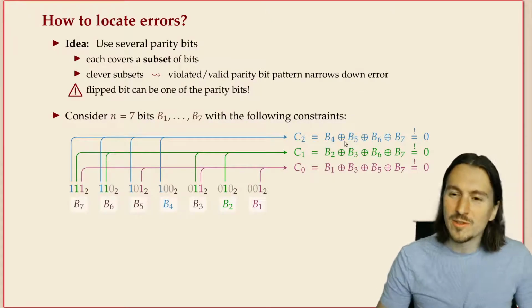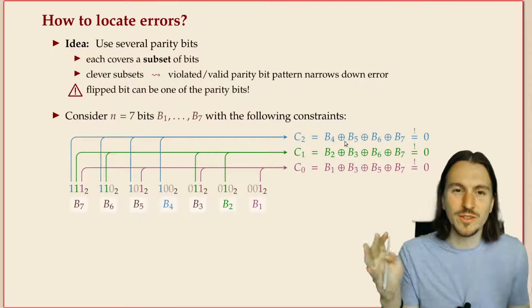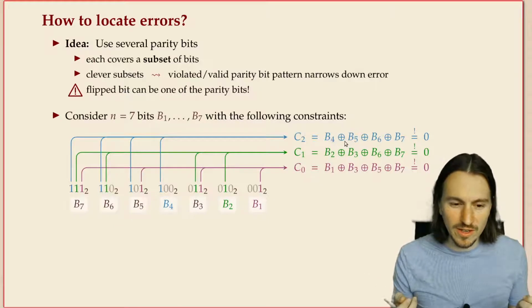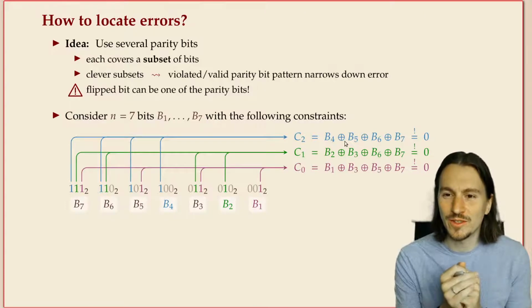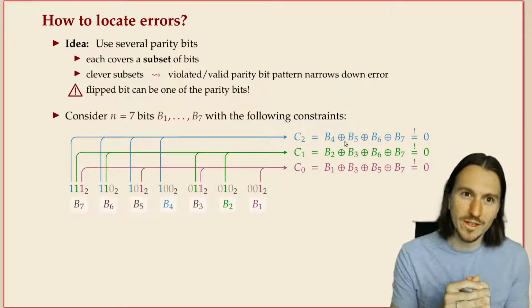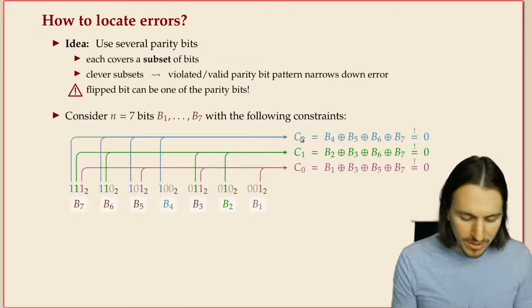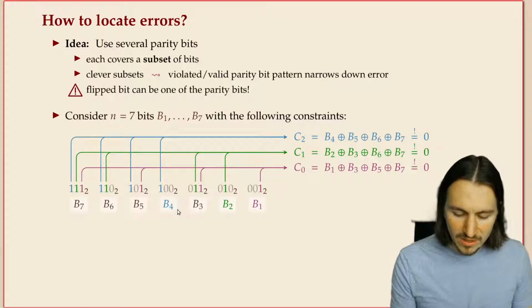And XOR has the feature that if you XOR a certain number of bits together, the result is exactly the parity. It's 0 if the number of ones in that collection was even, and it's 1 if the number of ones was odd. So C1 does that for the first 4 bits, the highest 4 bits.